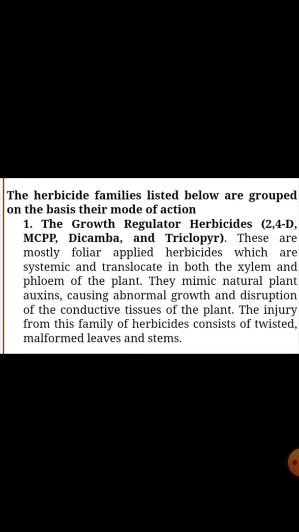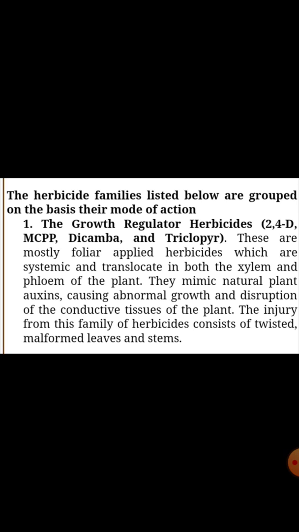Then these are some herbicide families that are used for a particular site or a particular time to inhibit the growth of weeds, or to get rid of weeds, and for weed control.